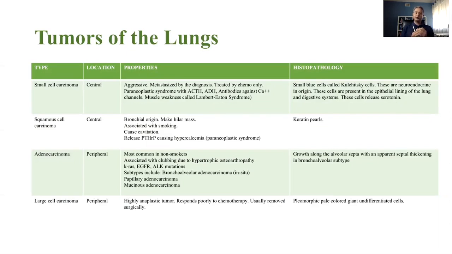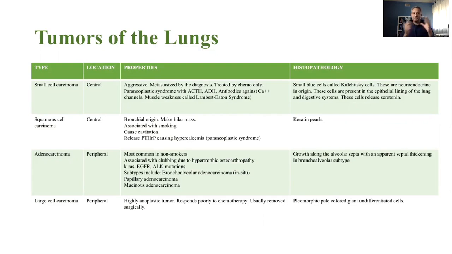Out of those, the bronchioalveolar, I'll show you a slide for that, is interesting because it appears in the septa. So the alveolar septa look thick under the slide, and that can cause dyspnea as well. And finally is the large cell carcinoma, very aggressive as well, anaplastic, undifferentiated, and usually removed by surgical procedures because it doesn't grow fast, normally present peripherally, but poor prognosis.